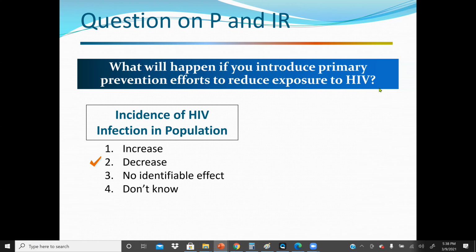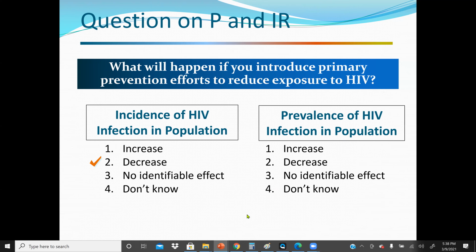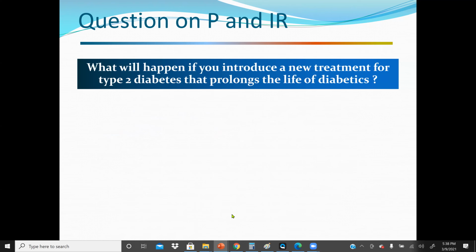So maybe safe sex, other safety measures to reduce HIV. Now, the prevalence of HIV infection in the population will also decrease. Since we reduce the exposure, the prevalence value also will decrease.